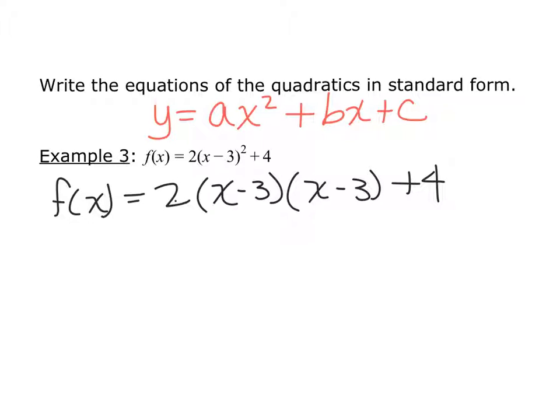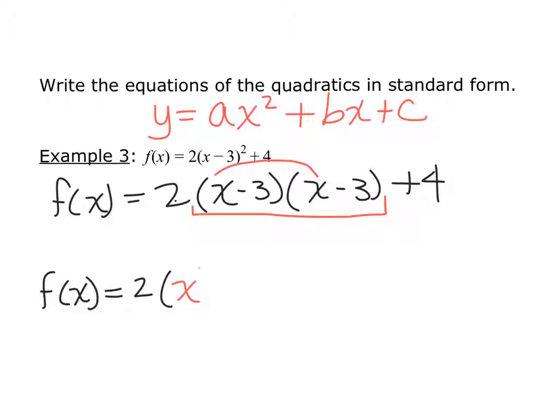All right, so we got rid of the exponent. Now I have to get rid of the parentheses. What am I going to do? Multiply. I'm going to multiply x minus 3 times x minus 3. So I've got f of x equals 2 times x times x is x squared. x times negative 3 is negative 3x.